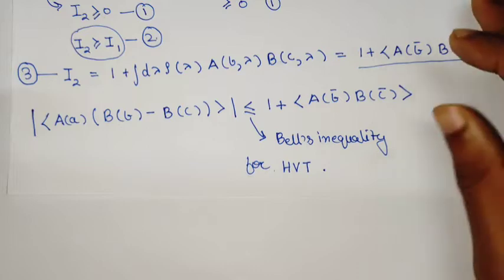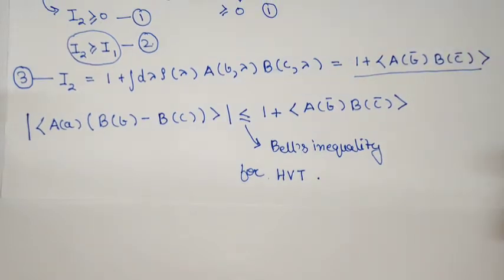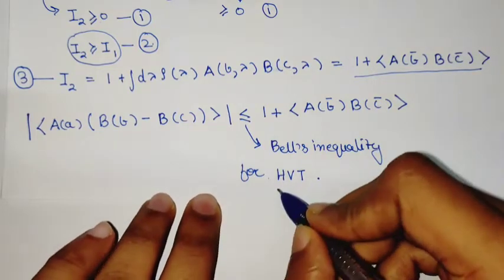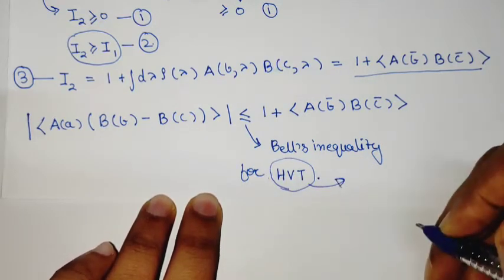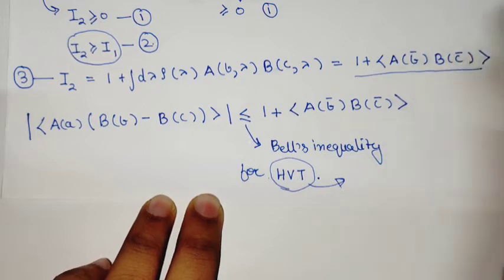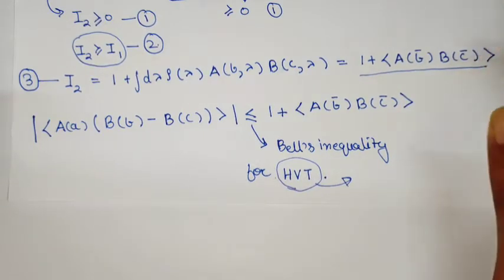So this inequality is Bell's inequality, and the important point is that regardless of what kind of a hidden variable theory you have, this inequality is a bare necessity for that hidden variable theory to even make sense. So this inequality is important for making sense based on the classical notions and statistics.